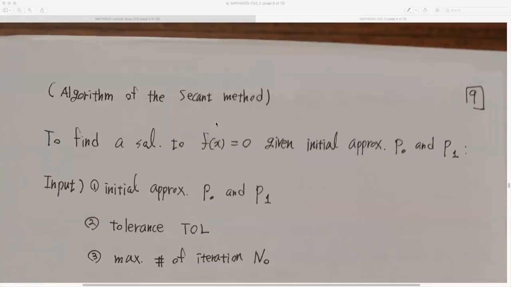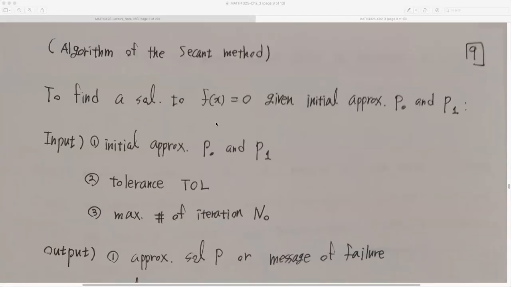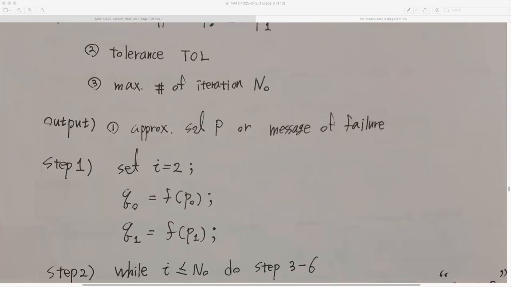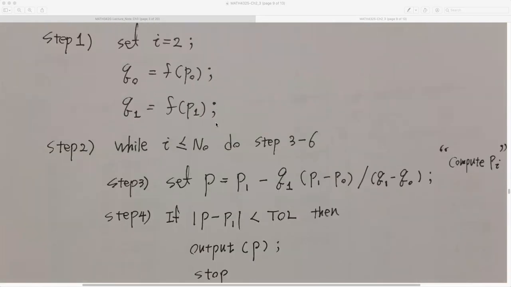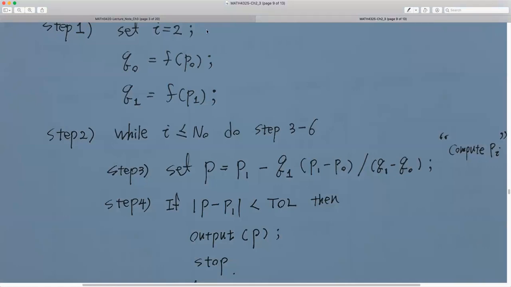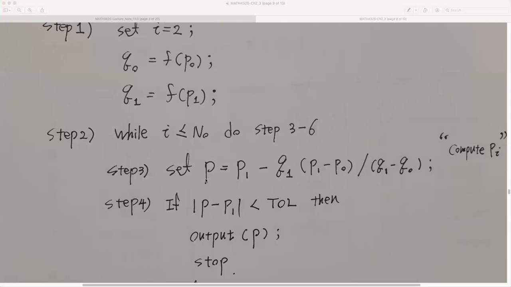Okay, so now the algorithm of the secant method is really similar to the algorithm of Newton's method, but the Newton's formula will be replaced by the secant formula. You see that here? Okay, so P0 and P1 must be given as input.